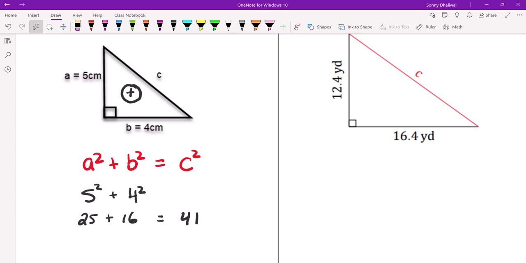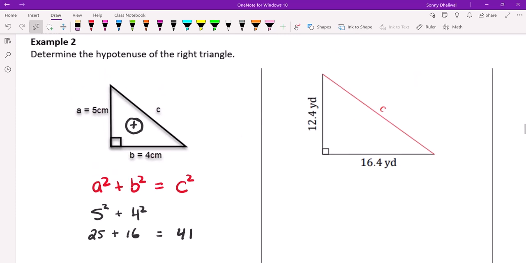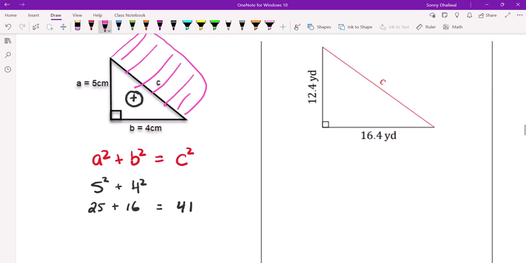This 41 didn't give us side C. It gave us the square of side C. So you do the square root to find out what C is. So you do the square root of 41. So C is equal to the square root of 41. And what do we have here? 6.4. And our unit is measured in centimeters. So this way, if we have two sides, we can figure out what the third side is.